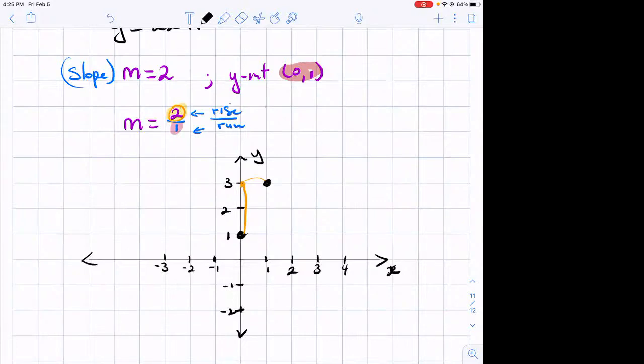So the rise means move 2 units up because it's positive 2. Okay? And the run is move 1 unit to the right because it's positive. I can now connect those 2 dots with a straight line.